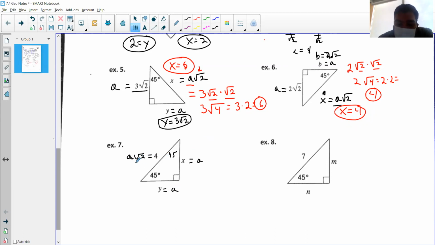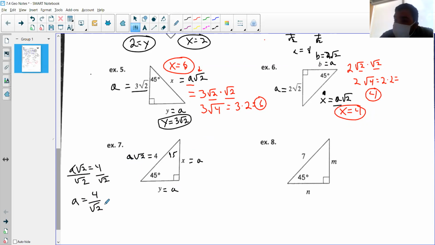So I need to figure out what a is, and this is the only one with a number. So I'm going to do a root 2 equals 4, divide root 2 on both sides. So I have a equals 4 over root 2.